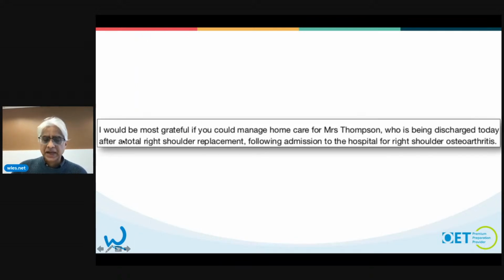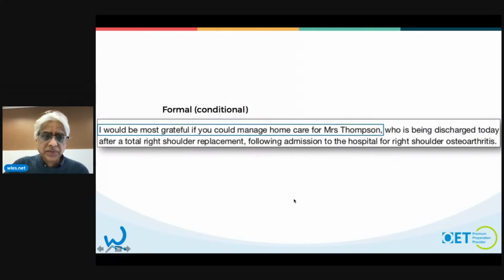Okay, guys, let's go back to the introductory paragraph. We've stated the purpose, we've stated the main issue, we know the patient is being discharged today, and let's have a look at some of the language. It starts off with a conditional structure, and then we have linked it with a relative clause, or with a relative pronoun, sorry. So we do actually have a relative clause then.